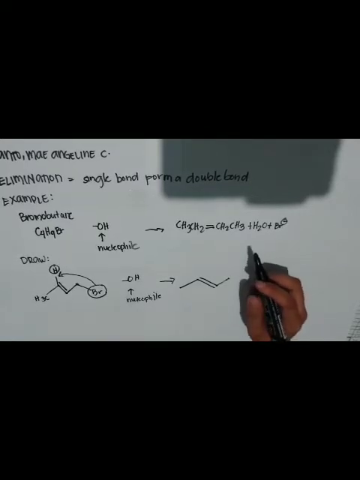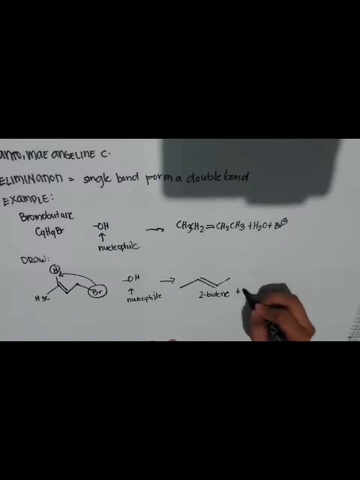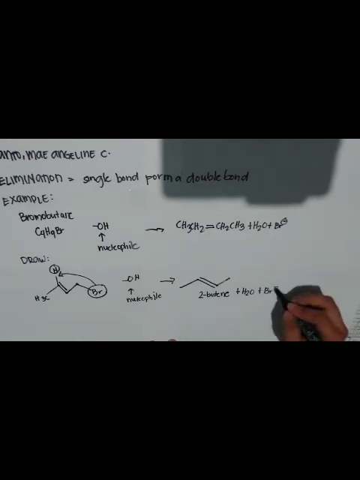So this will be 2-butene plus H2O plus Br negative, or bromide ion.